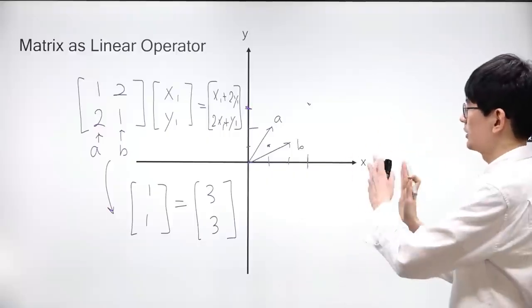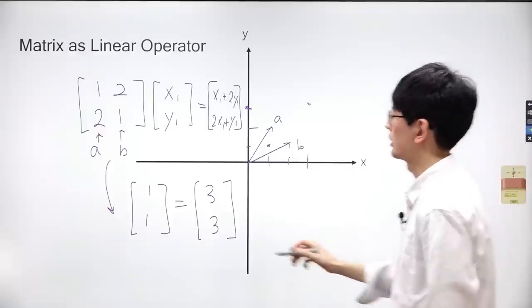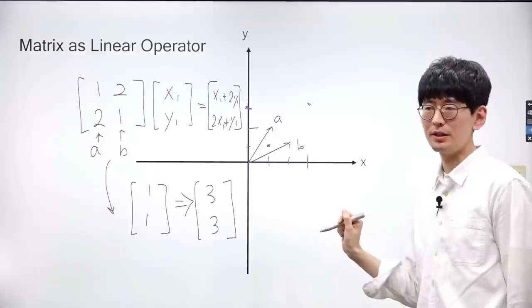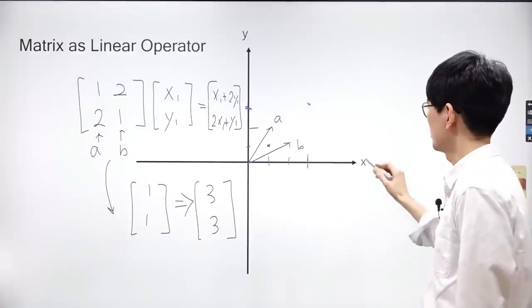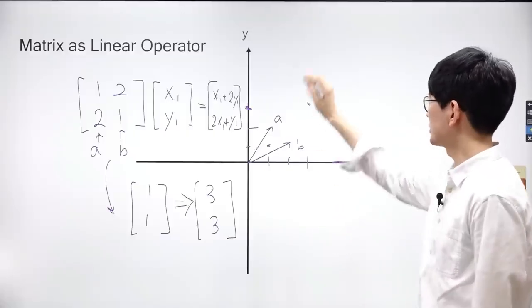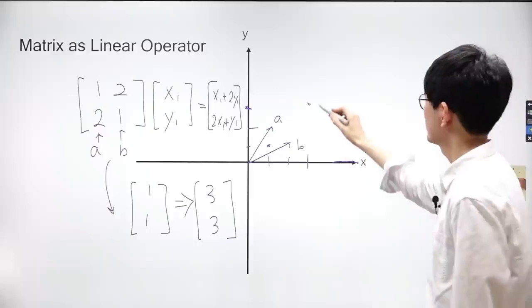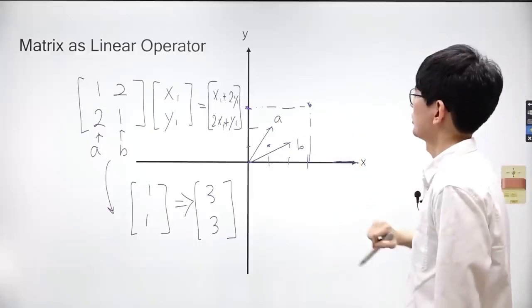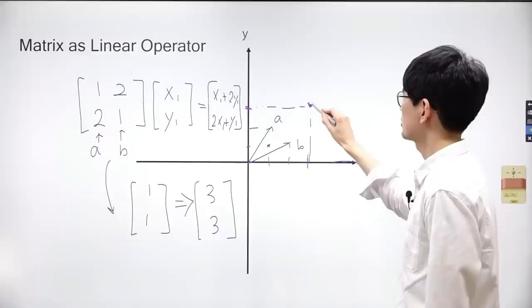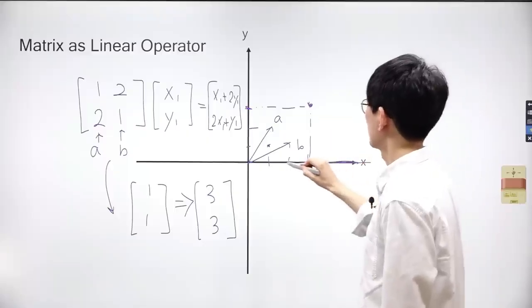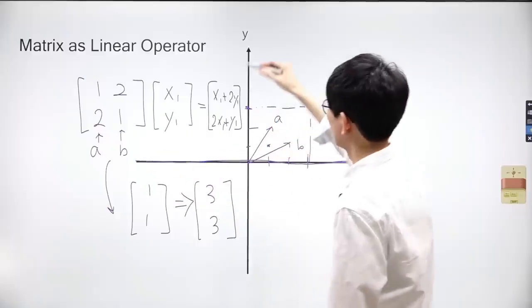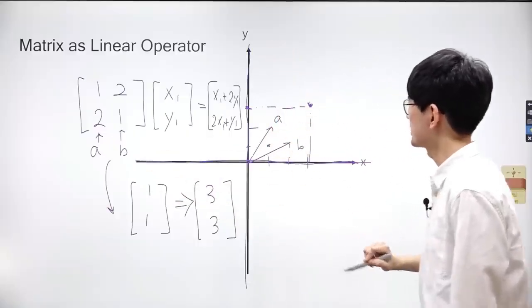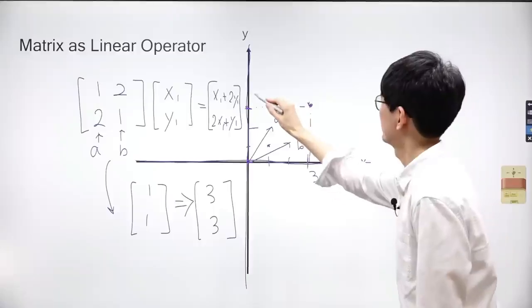What does it signify that the original vector 1 and 1 has shifted to its new coordinates 3 and 3? Let's examine this more closely. On our 2-dimensional plane, this vector is positioned at coordinates 3 and 3. In other words, the point's coordinates are 3 and 3 on a 2-dimensional plane, where the axes are labeled as the x-axis and y-axis.